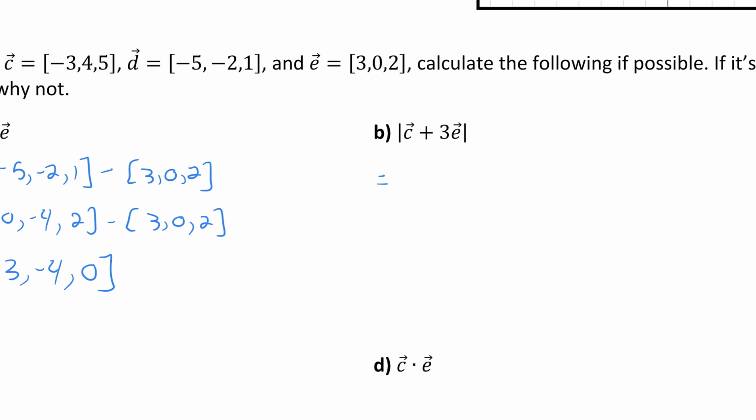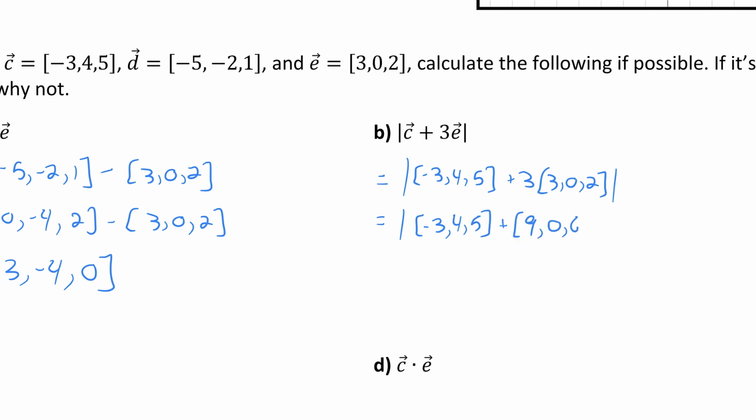Let me start by just rewriting c and e with their vectors. I will start by multiplying vector e by 3, which gives me 9, 0, 6. Now I'll add those two vectors together. I'll add the x components, -3 plus 9 is 6, add the y's, and add the z components, 5 plus 6 is 11.